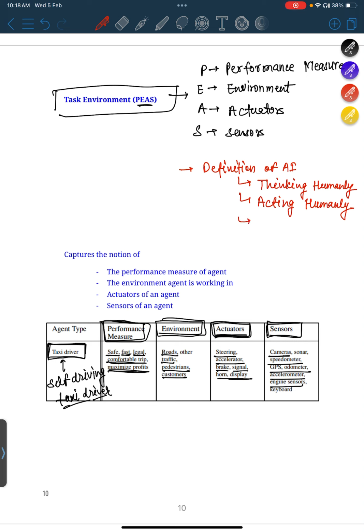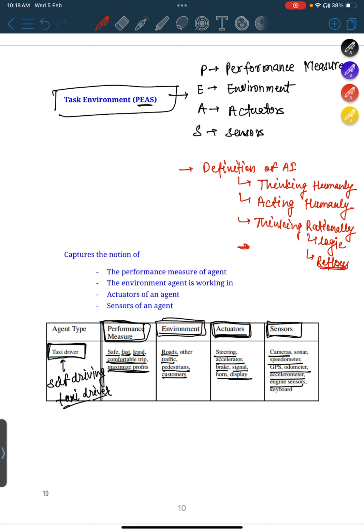After that, we talked about thinking rationally. Let's go with a mathematical model based on logic, and based on logic we'll take our decisions. But then we talked about some actions which cannot be defined by logic, like reflexes.